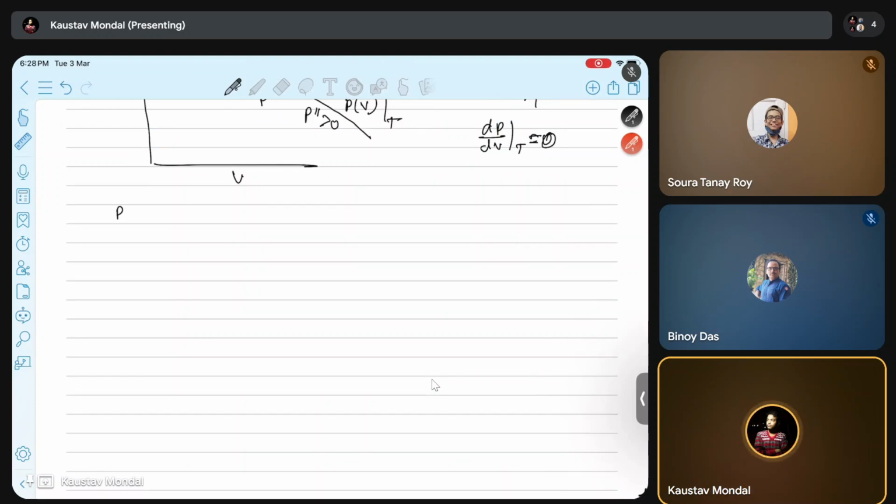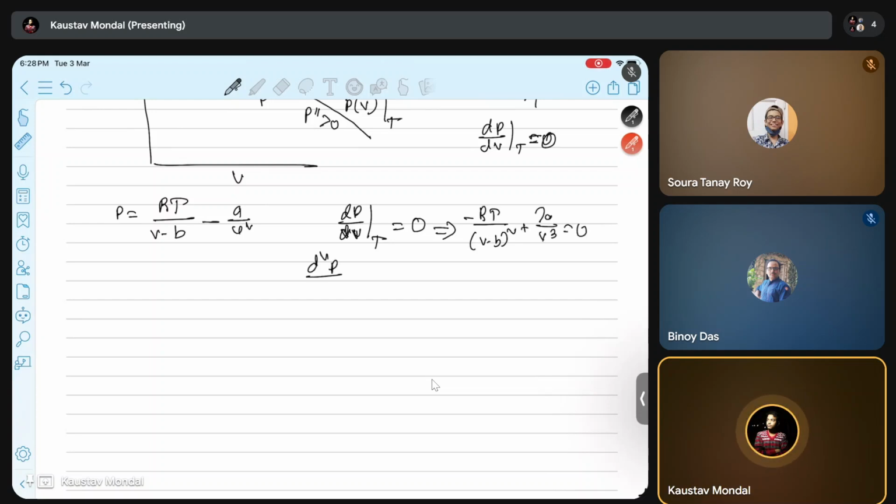First, write P as a function of V from the Van der Waals gas equation. These are the two conditions. dP by dV at fixed T equal to 0 gives minus RT by (V minus b) whole square plus 2a by V cube equal to 0.